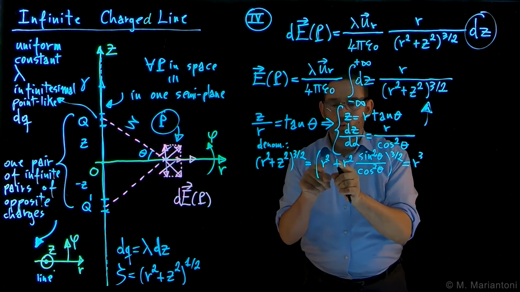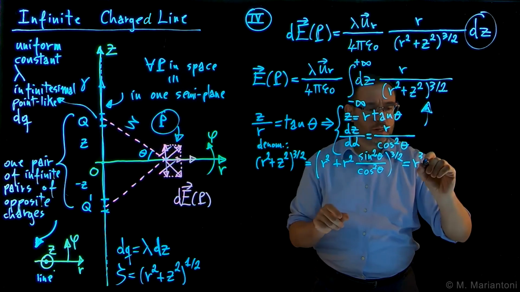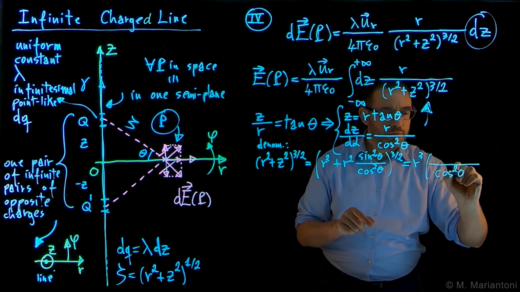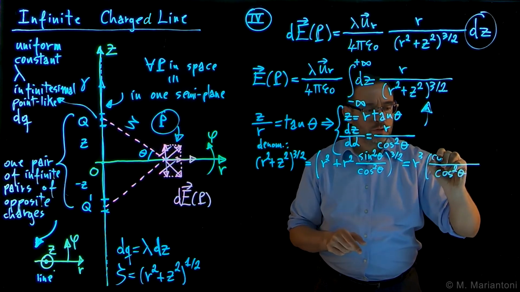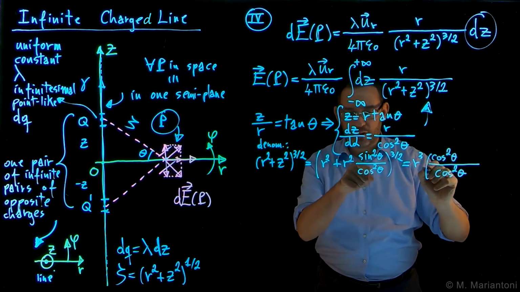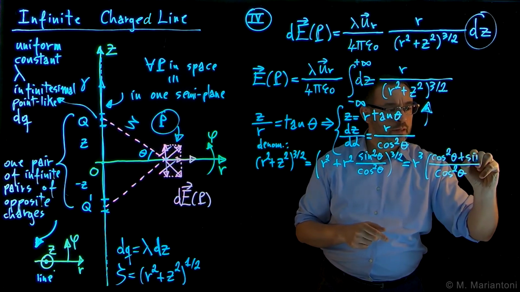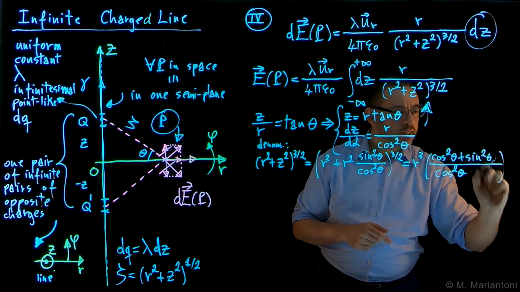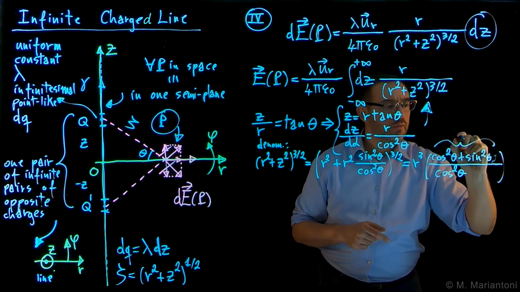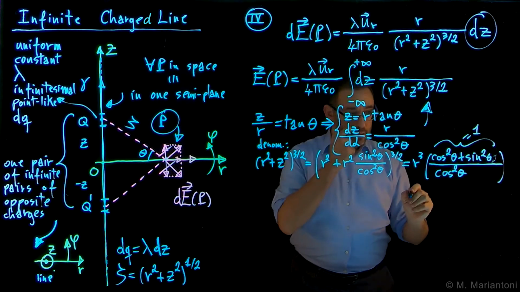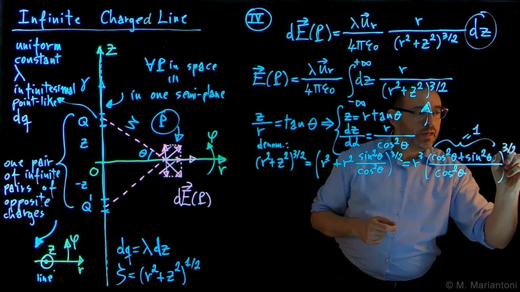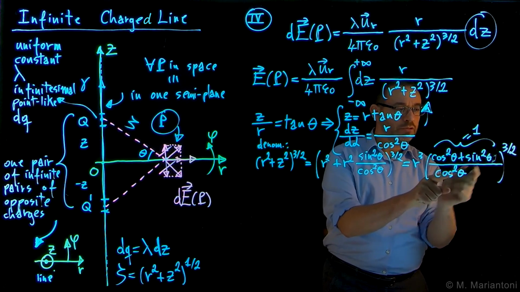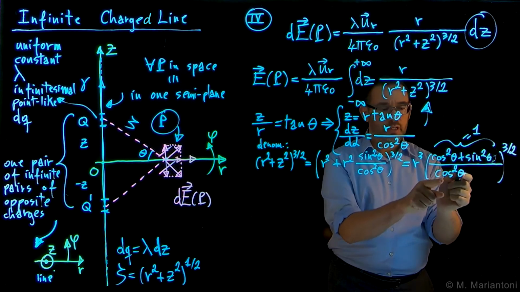And then I have 1 plus sine square over cosine square, which is cosine square of theta divided by cosine square of theta plus sine square of theta. We know that this quantity here is obviously 1, and this quantity is to the power of 3/2. So we get r cubed times 1 over cosine square to the power of 3/2, which is cosine cube.